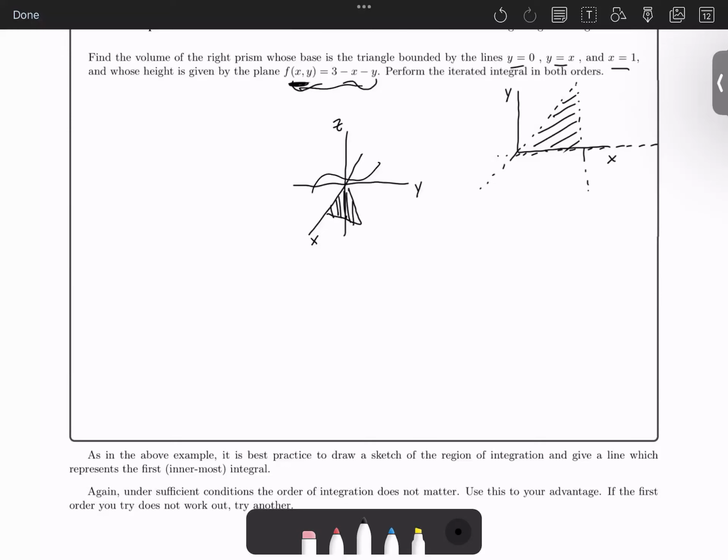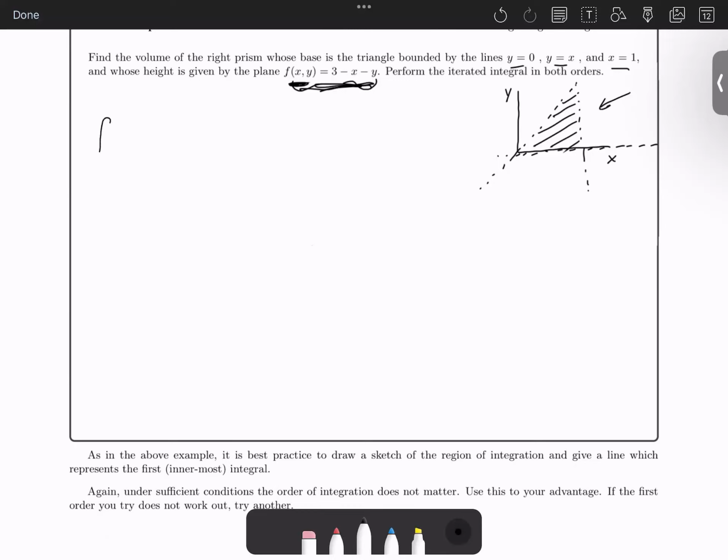In fact, my function is a plane, so it's going to be some sort of plane. And then I want to integrate over this triangular region. Okay, so this is the region that I want to integrate over.